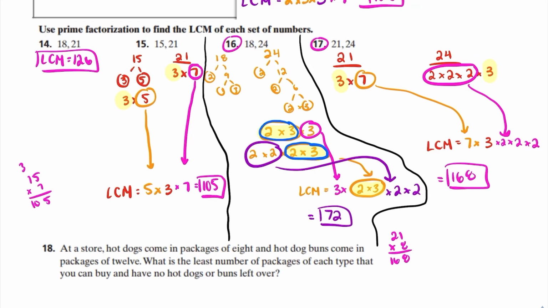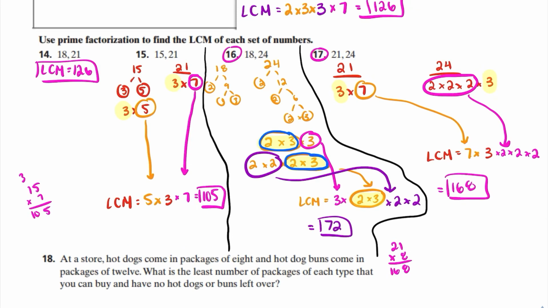Okay, so it doesn't matter how many numbers they have in common, you have to include all of them. Notice how I highlighted 2 times 3 because both 18 and 24 had a 2 times 3. So I brought it down into my calculations. Then of course you find out what's unique, then you bring it down and you multiply from both numbers to get 72.